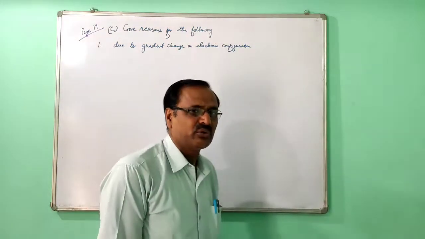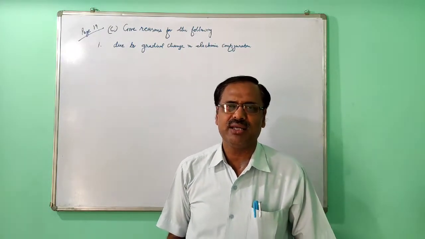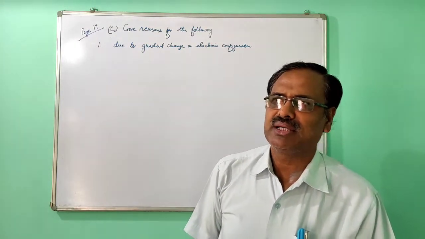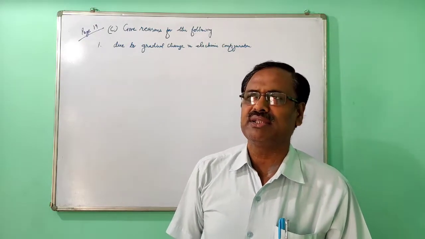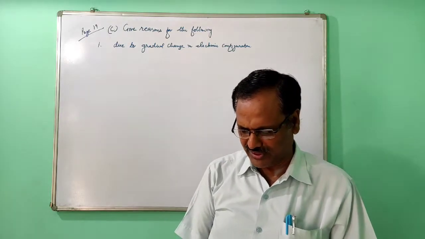When you move in any group, the valence shell electrons will be the same, but the inner shell electronic configuration will change. That's why it is given as gradual change in electronic configuration.